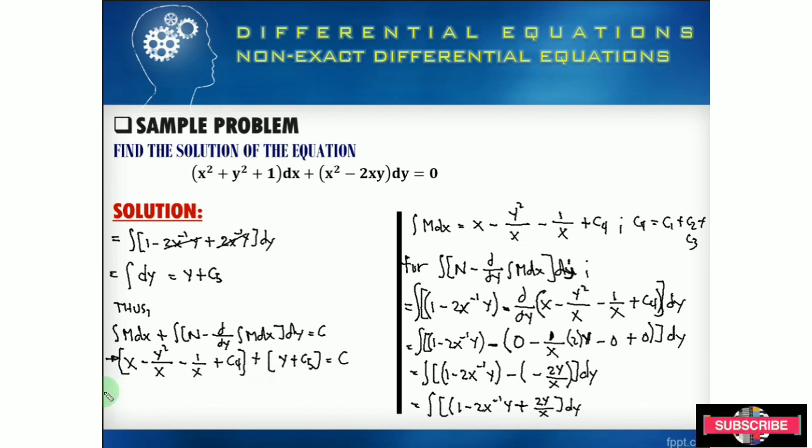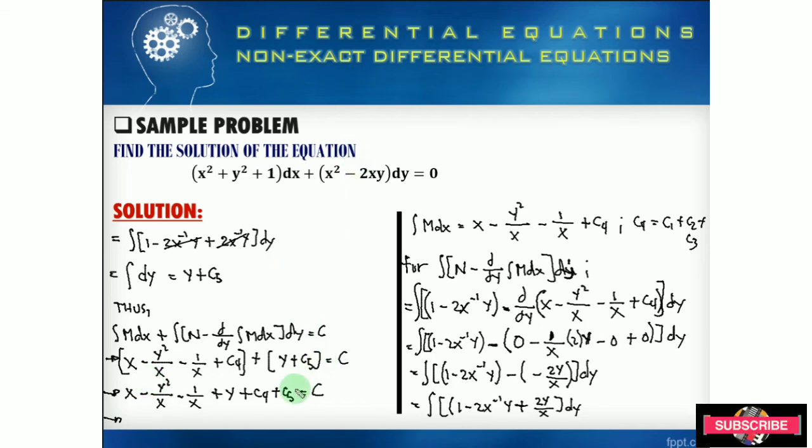So simplifying, we have now x minus y squared over x minus 1 over x, and then plus y, plus c4, plus c5 is equal to c.